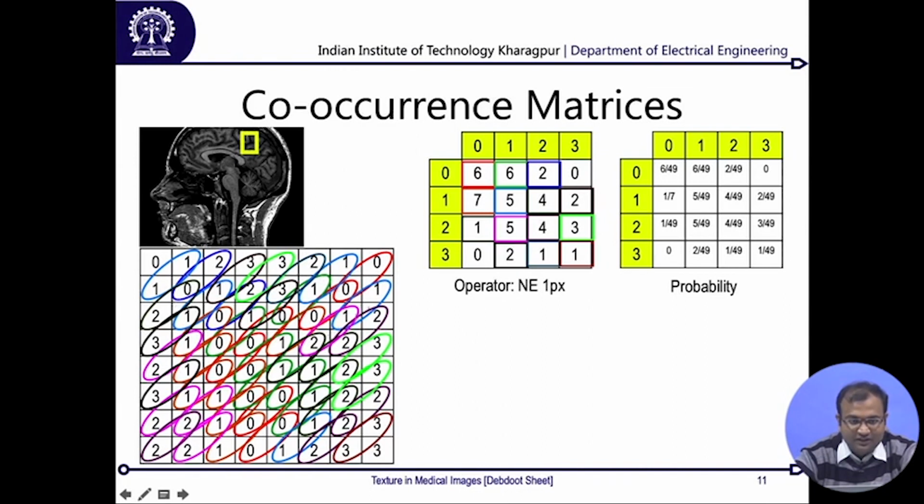See, if I am looking at a northeast pixel pointing, all my x locations can vary from here to here. This particular one will not be taken into consideration because I don't have a valid existence there. So there are 7 such rows which can be taken care of, and if I vary along this axis, I will get 7 such possible columns over which I can actually compute it.